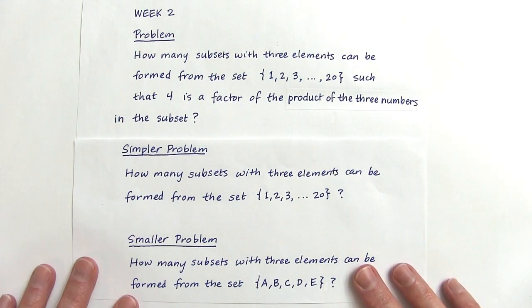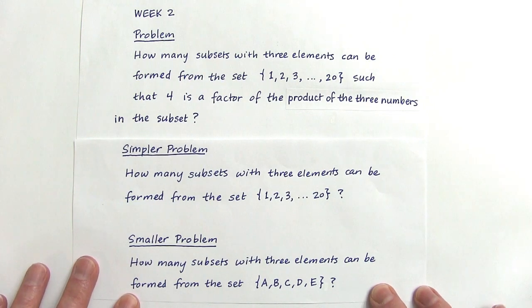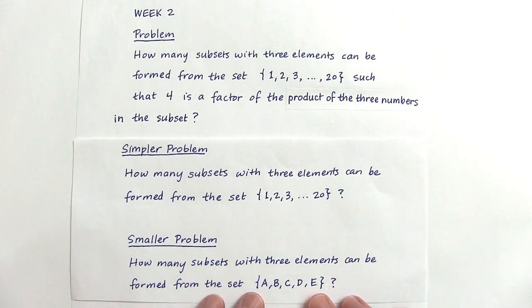How many subsets with 3 elements can be formed from the set of the 5 letters A, B, C, D, and E? This problem is small enough that we can even make a list of all the subsets and count them. That gives us a way to compare the formula we derive with the correct answer.